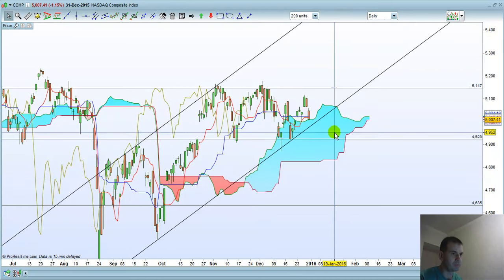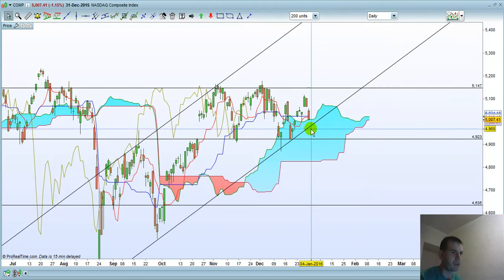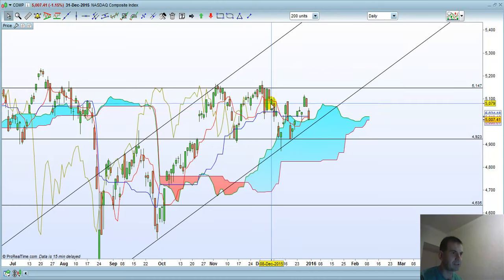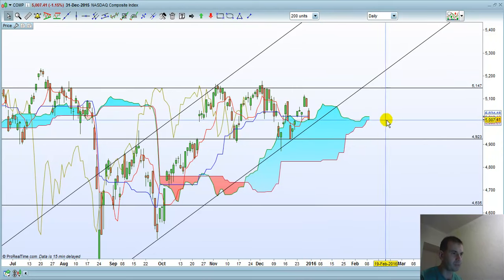So the overall direction of the cloud is upward, but trend lines, Tenkan-sen and Kijun-sen lines, are crossed downward. So there is the high probability of sideways movement, of horizontal movement.